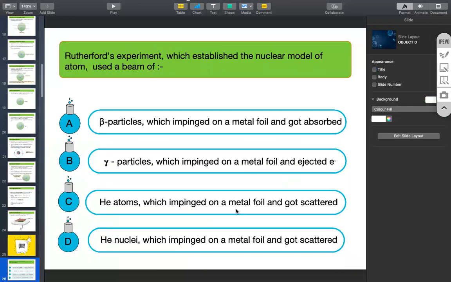Do this question fast. Tell me the answer of this. Some are saying B, some are saying D. This B part is gamma.